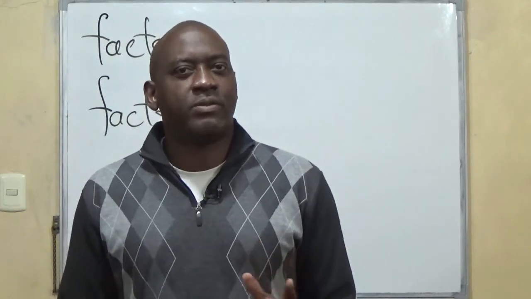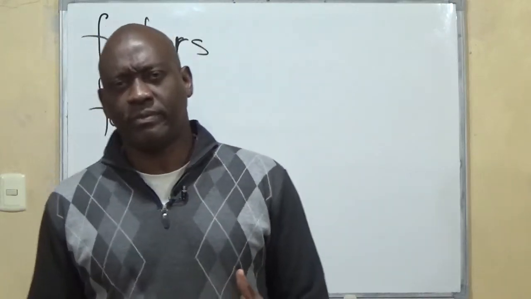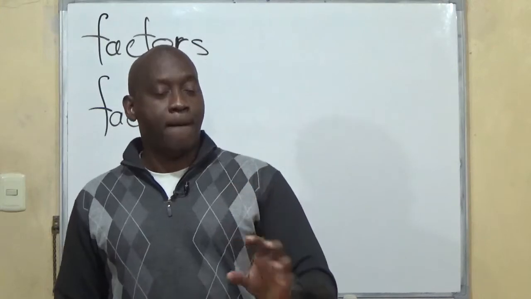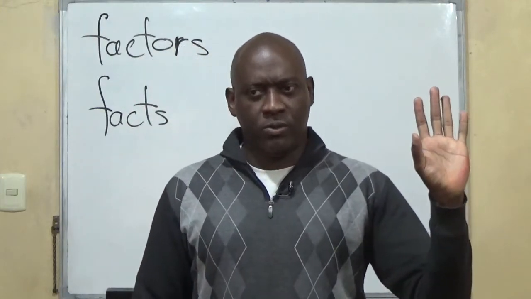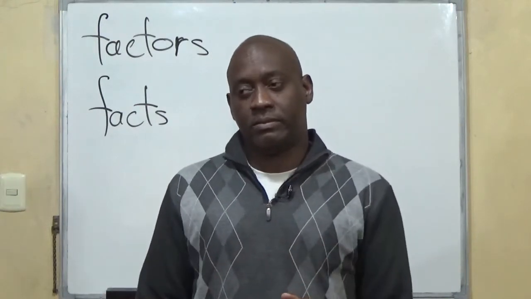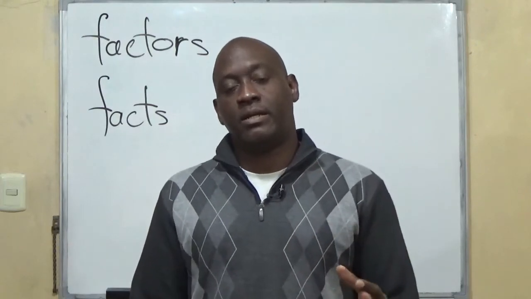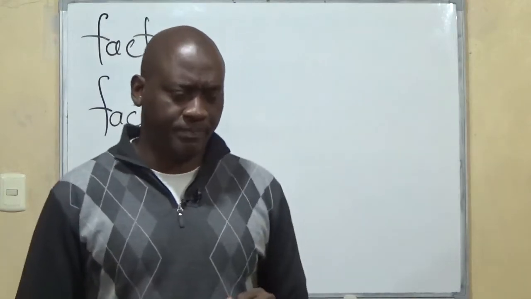Factors that interact with each other to give rise to this particular number. How do these factors interact? They interact by multiplication. So you have numbers that would multiply by each other. And when they multiply by each other, you get this number that we're thinking about.